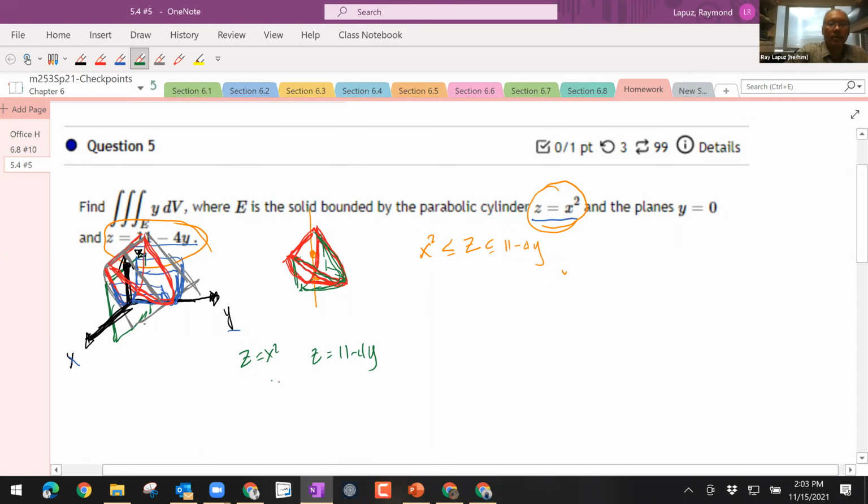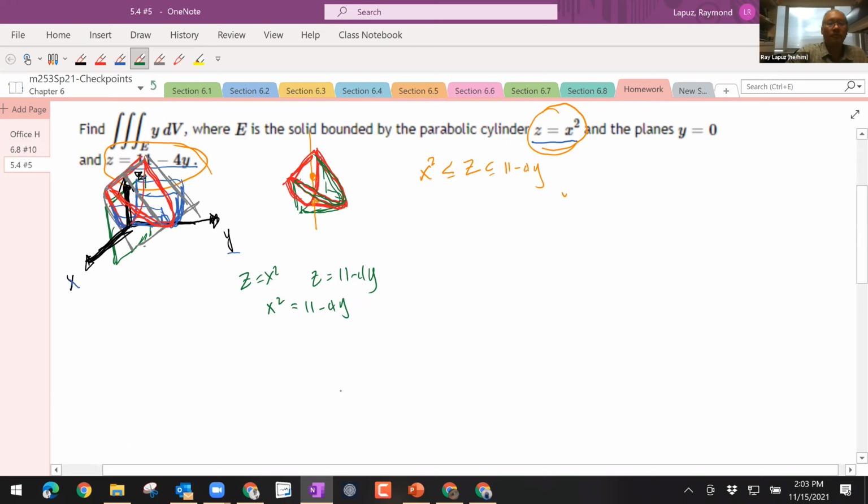We're going to get x squared is equal to 11 minus 4y. It looks like y would be a good thing to solve for. So y equals negative 1/4 times (x squared minus 11). So bring the 11 over, divide by negative 4, and then you get y by itself.